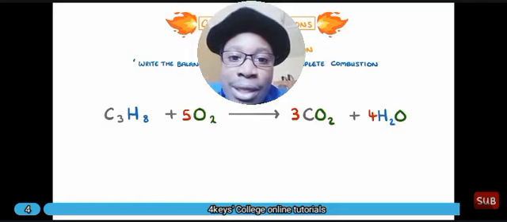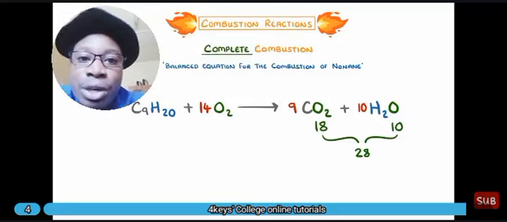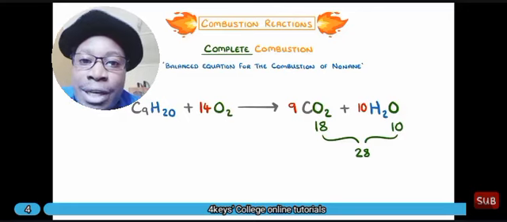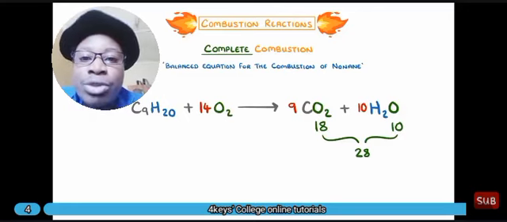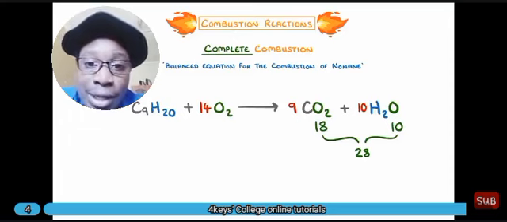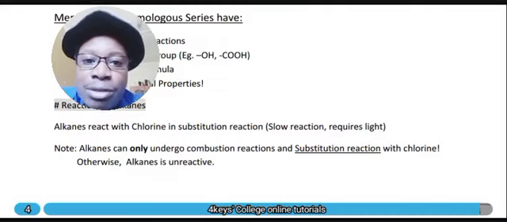We looked at this in other videos. That would be another example, the combustion of a very large alkane there. So you just have to check the number of carbons and hydrogens. I'm going to show you a general formula that you can use to balance these equations in another video, so you can hang on for that. So this is it for now.